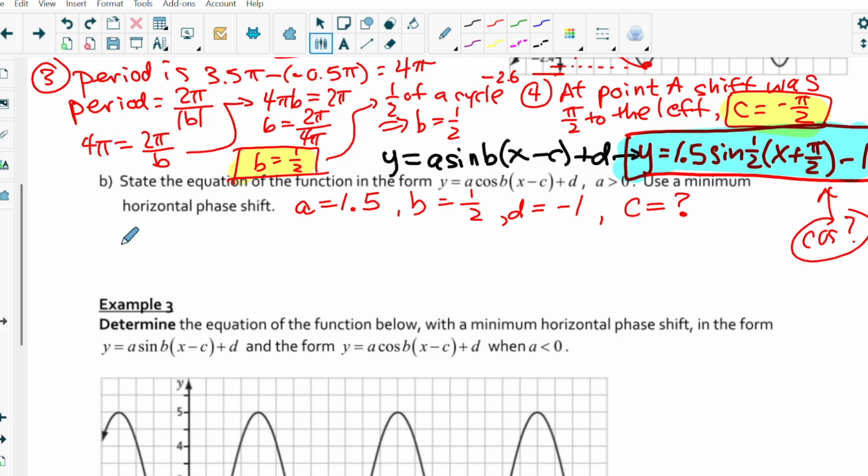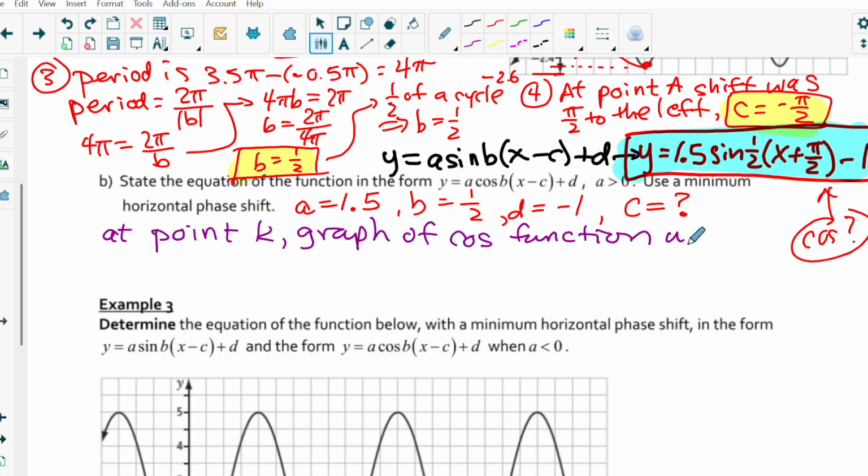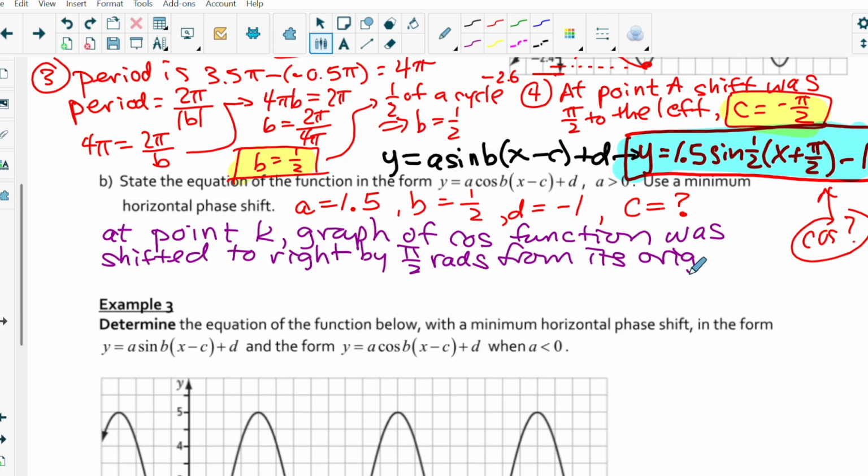At point K, the graph of the cosine function was shifted to the right by pi over 2 radians from its original start on the y-axis, right?